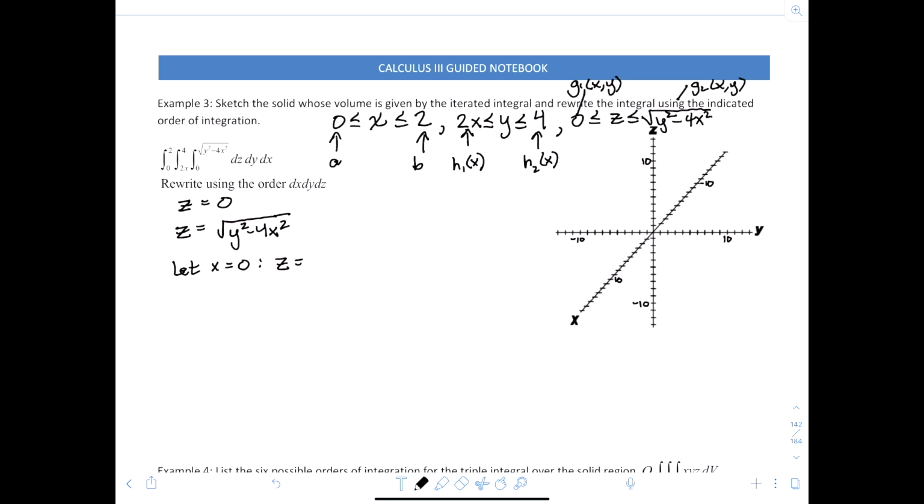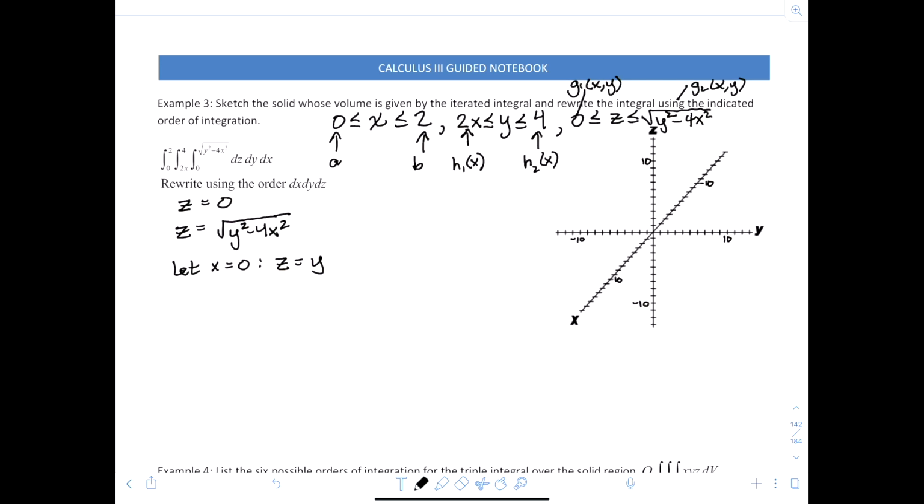But remember that z has to be positive, and y is between 2x and 4, and x is between 0 and 2. So we're going to have all positives here. So z is y. When x is 0, z is y.